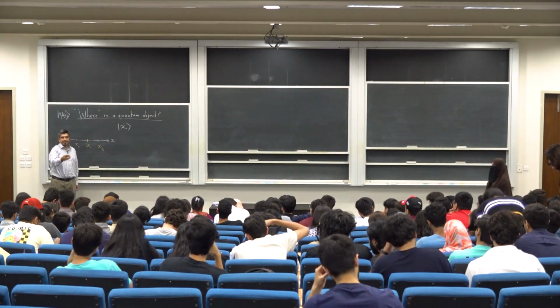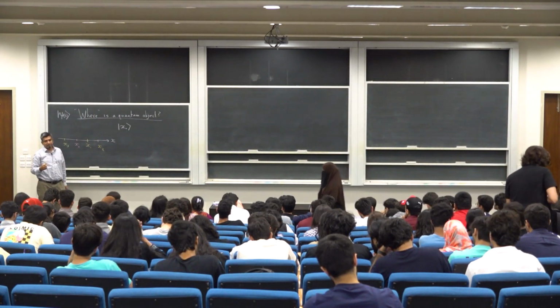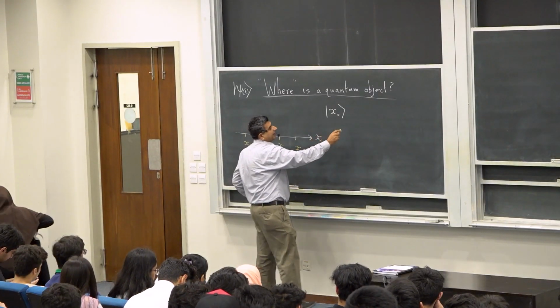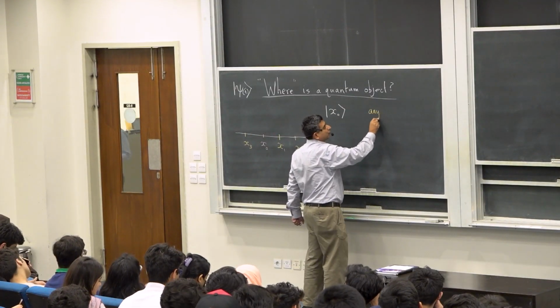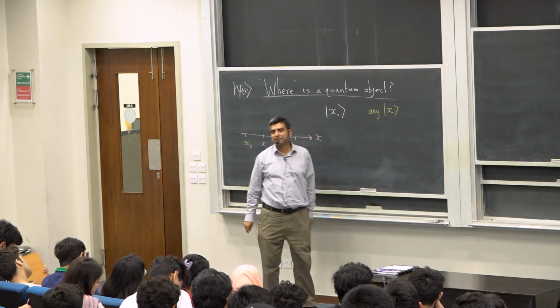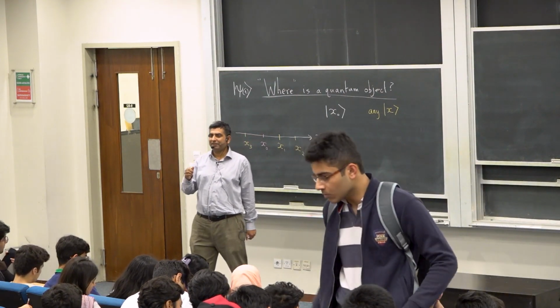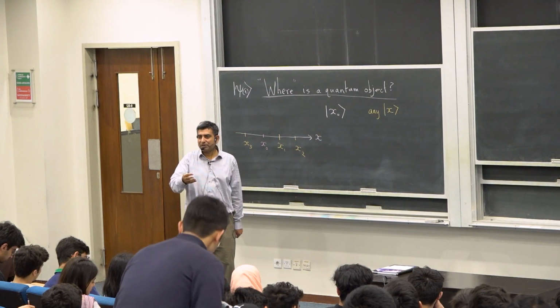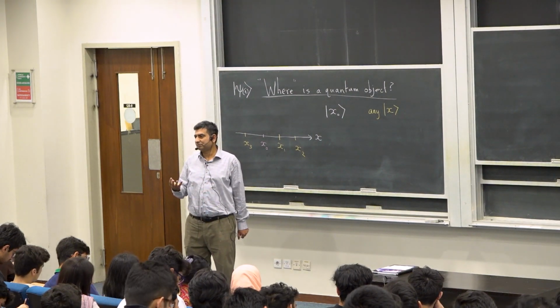So any ket x is possible. So I can have any ket x. This is my quantum state after measurement. But in general, you would like to also ascribe a quantum state before the measurement.